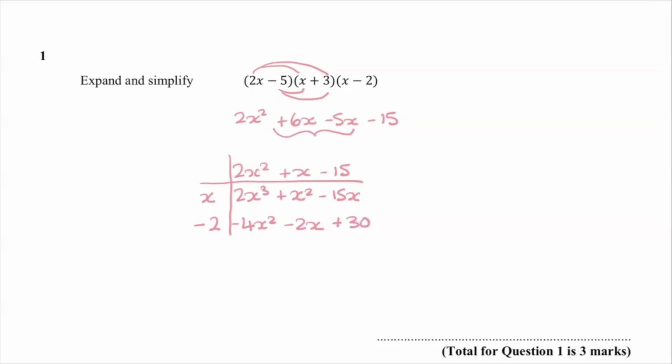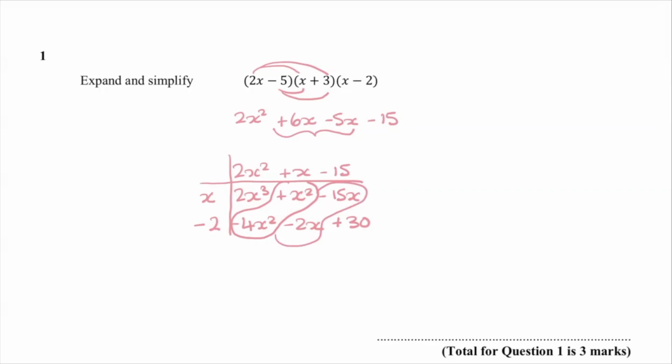I also refer to this as my nugget method because I'm going to be grouping those that go together. This term is the only term that I've got that's cubic. These are both to the power 2. These are single x's, and that is a number on its own. So I'm grouping, putting them into little nuggets.